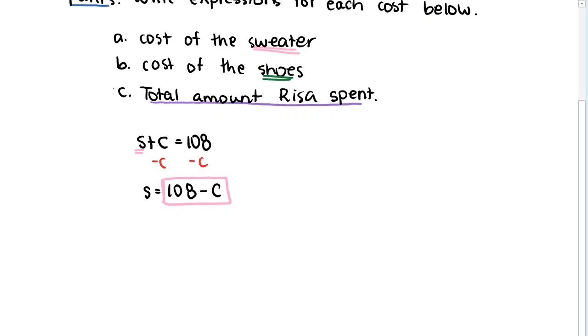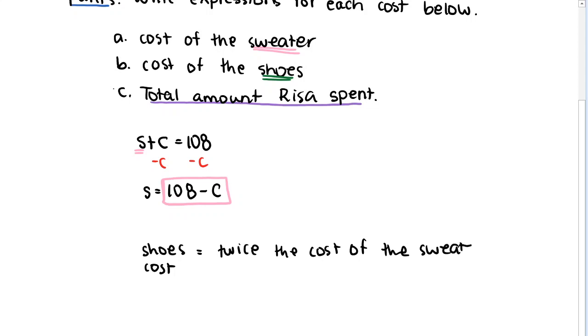So this statement is saying that the shoes purchased, the cost of the shoes, is equal to twice the cost of the sweater. Well, here we know the cost of the sweater, right? The cost of the sweater is given by this expression, 108 minus C.